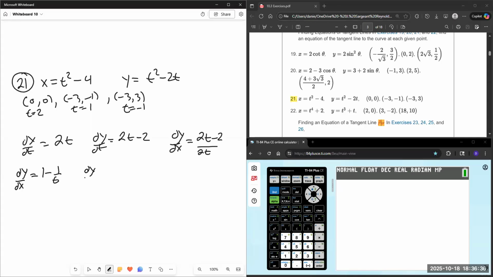So dy/dx when t is equal to 2 is 1 minus 1/2 is 1/2. And the tangent line when t equals 2, we have a y-intercept there, so I can have y equals 1/2 x plus 0, so that one's pretty straightforward.